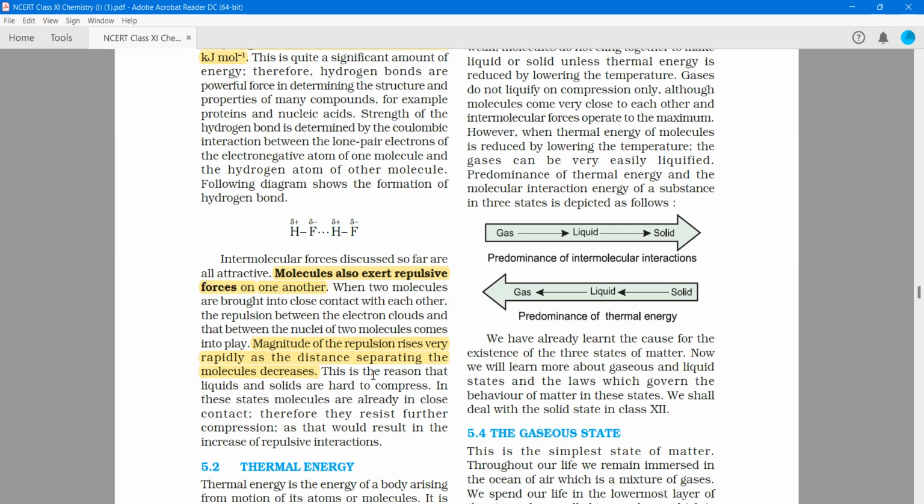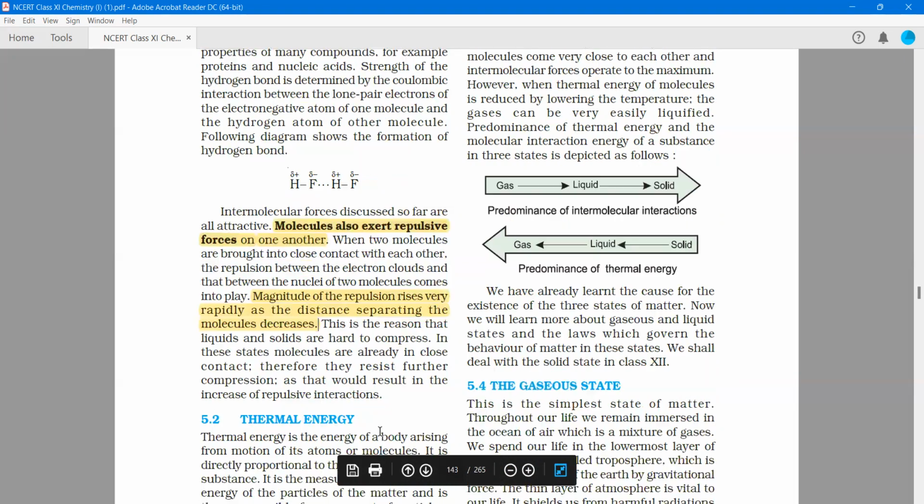So if we try to compress solids and liquids that already have atoms very close to each other, and you try to decrease the distance even further, then repulsive forces occur, and that is why it is difficult to compress liquids and solids. In these states, molecules are already in close contact, therefore they resist further compression, as that would result in increasing repulsive interactions.